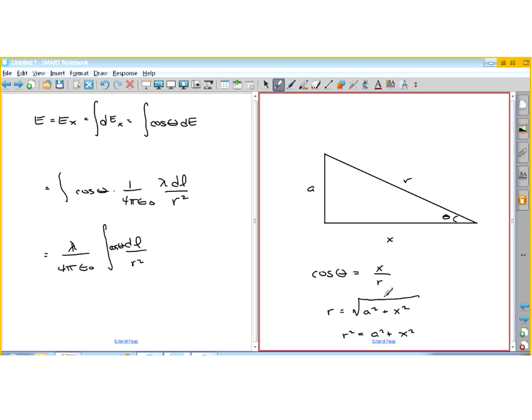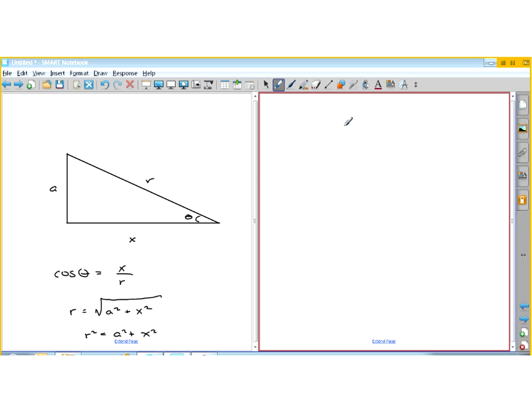So if we look at cosine of theta over r squared, cosine of theta divided by r squared, cosine of theta is x over r divided by r squared. So we get x over r cubed. The x we just leave the same, because what we're trying to get is r in terms of x and a.